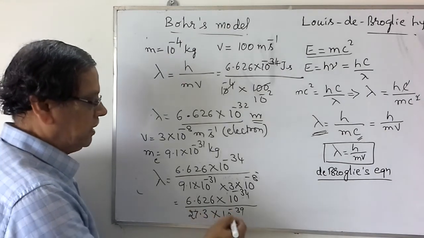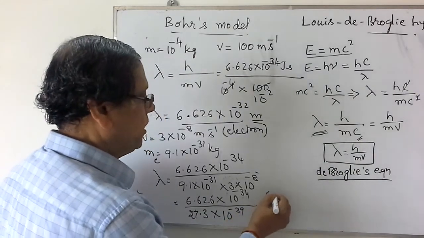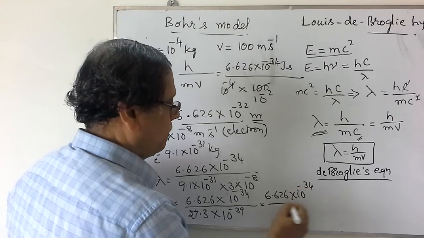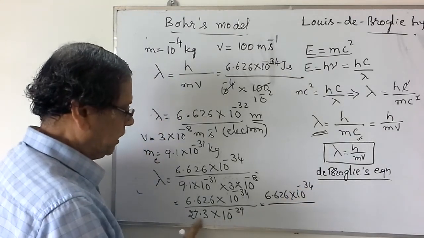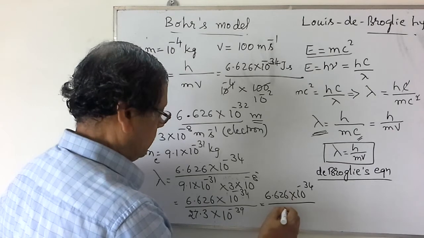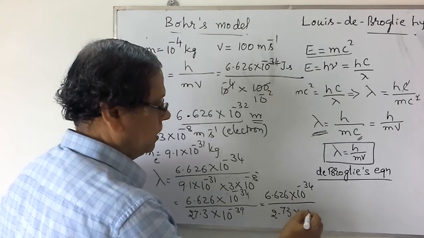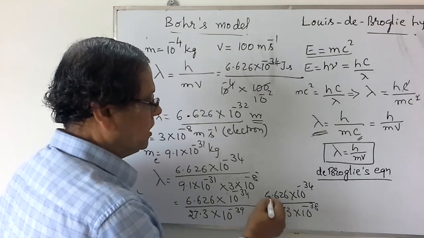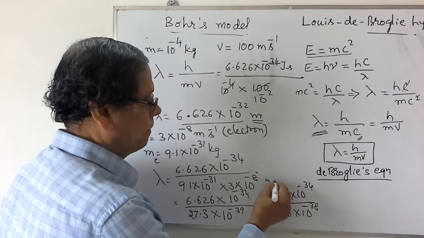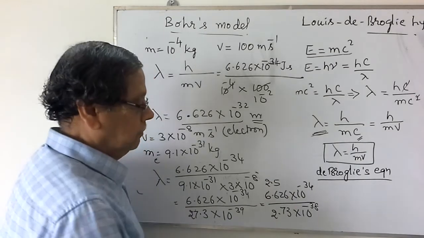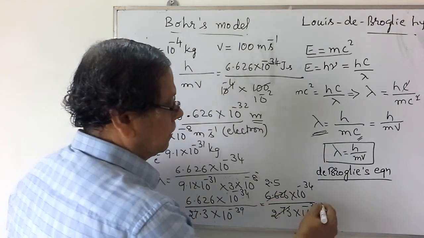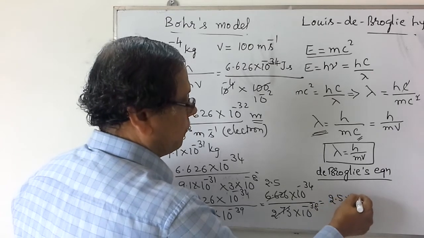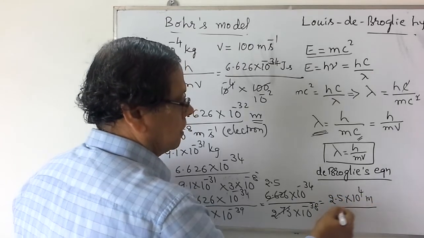If you simplify this, it is 6.626 into 10 to the power minus 34 over 2.73 into 10 to the power minus 38, which is almost 2.5. It is equal to 2.5 into 10 to the power 4 meters.